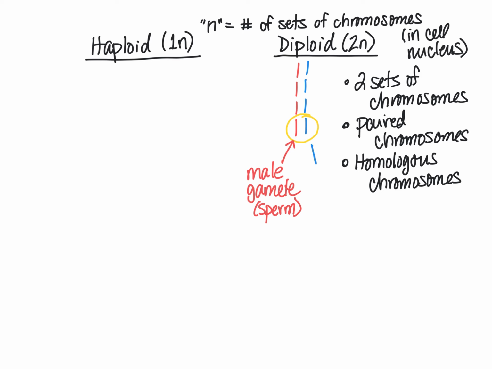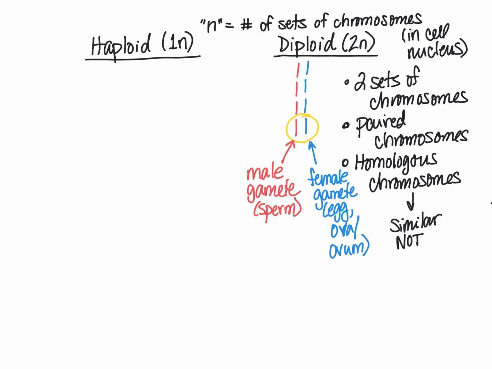And the other set comes from the female gamete, which would be the egg, also oftentimes called the ova or ovum. So ovum is singular, ova is plural. And remember that these homologous chromosomes are similar, but not identical.